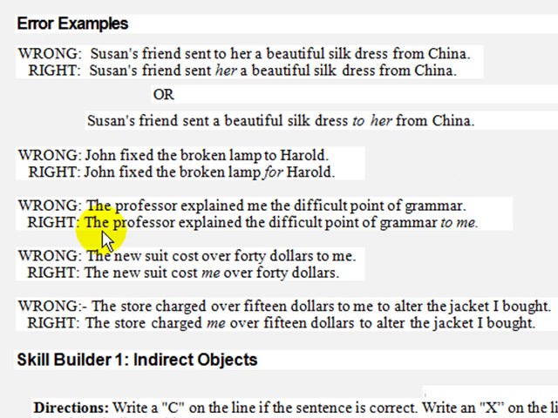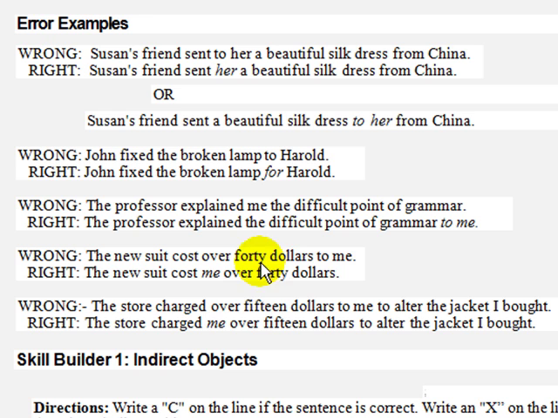I'm sure I've seen that mistake many times, but in English, "the professor explained the difficult points of grammar to me." And as I say again, if you look at the instructions for this, you will find that it is one of the examples above.